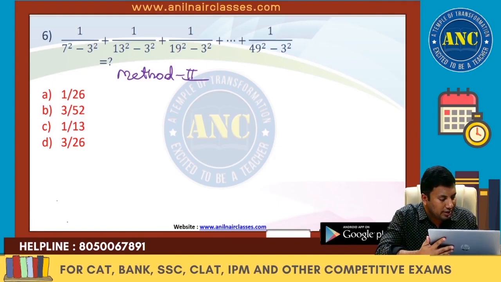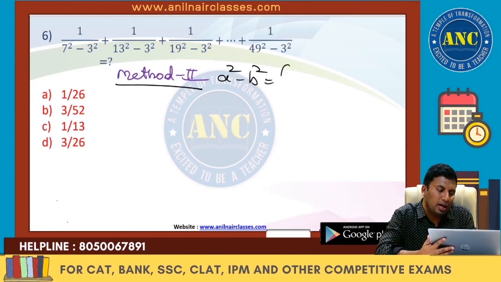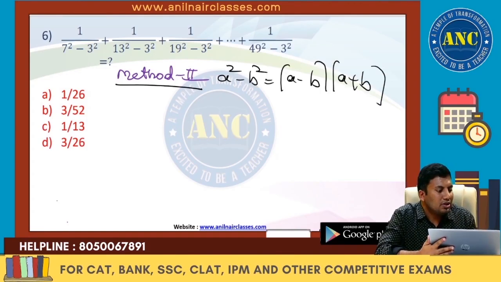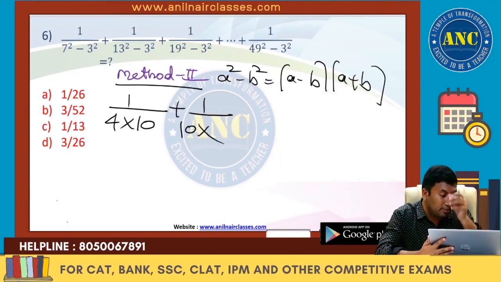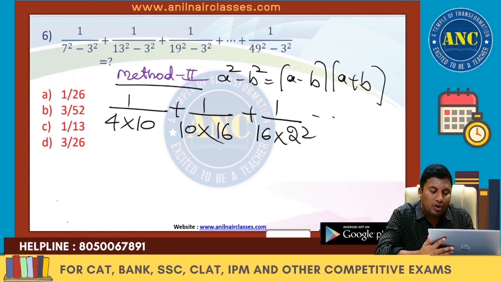Now if you look at method 2, a square minus b square is (a minus b) into (a plus b). 7 minus 3, 4, 7 plus 3, 10, 13 minus 3, 10, 13 plus 3, 16, 19 minus 3, 16, 19 plus 3, 22, 49 minus 3, 46, 49 plus 3, 52.